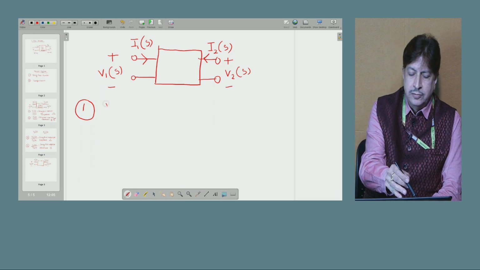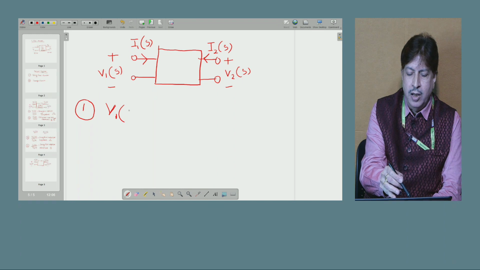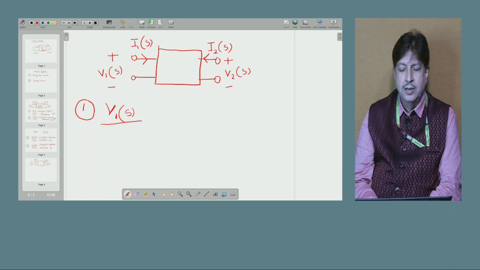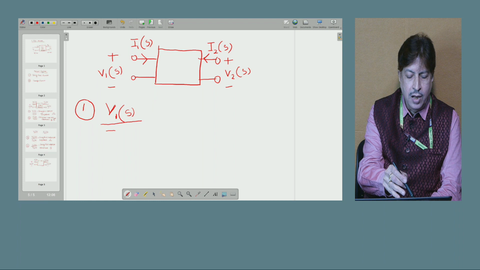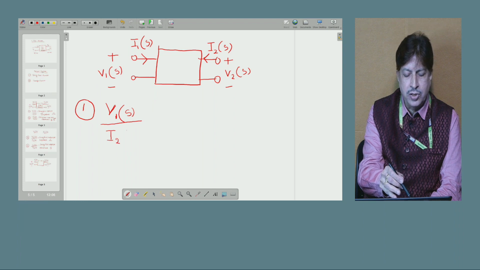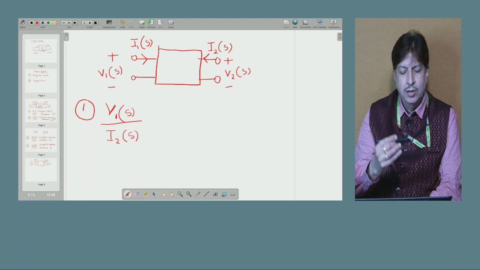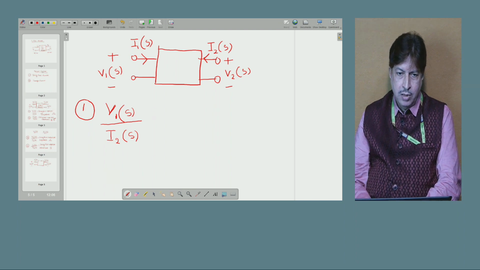Imagine I am considering the numerator variable as V1(s) and the denominator variable as I2(s). Just randomly I have written two variables. Numerator variable I considered V1(s), denominator variable I considered I2(s).